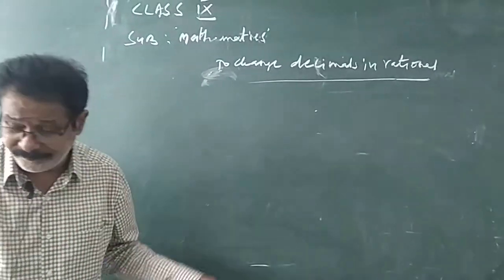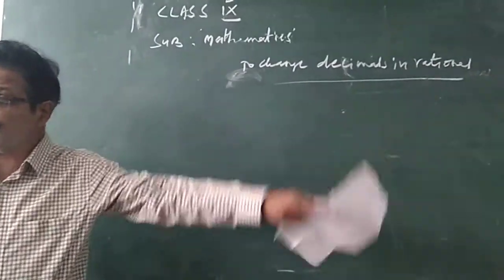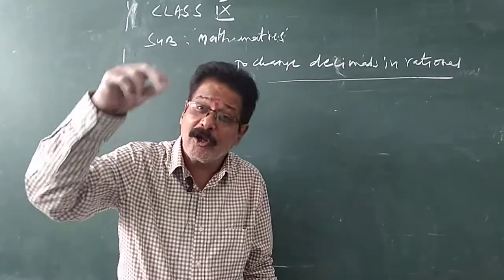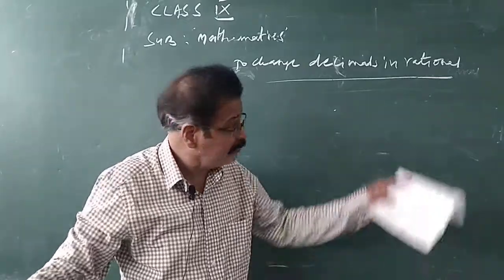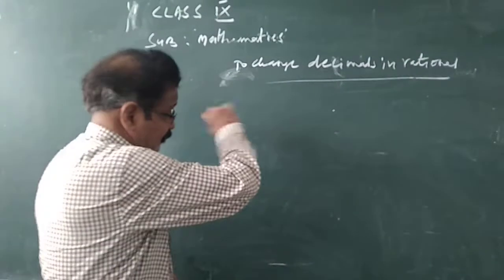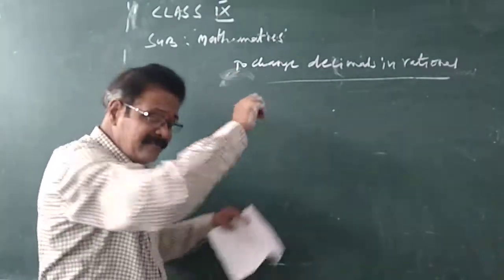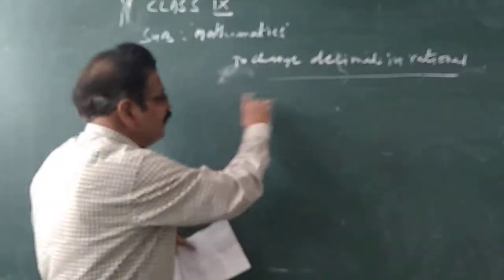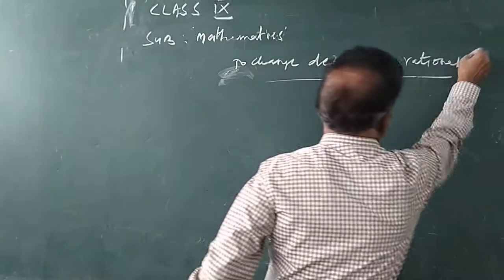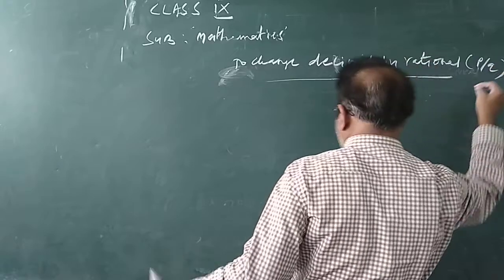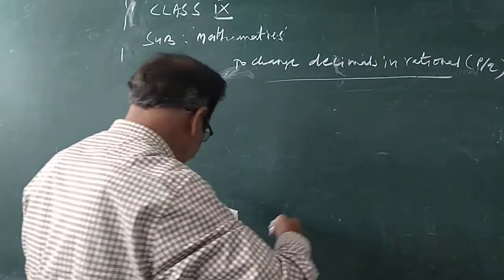So far we changed rationals into two forms: terminating decimal and non-terminating repeating decimal. Now they give decimals, and whether terminating or non-terminating, we change them into P by Q form, rational form.